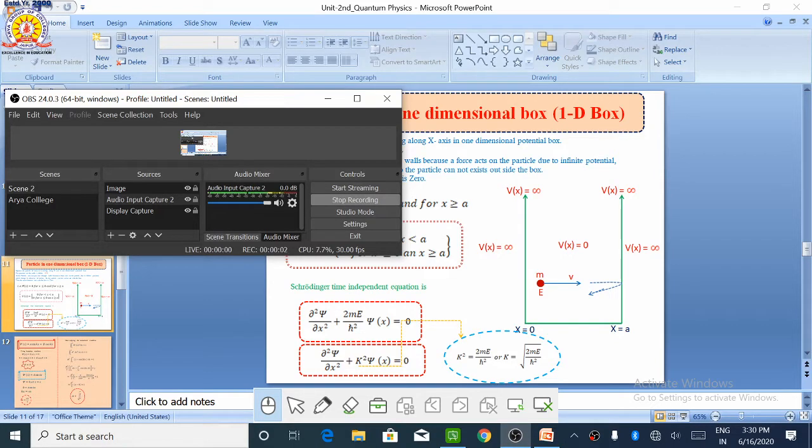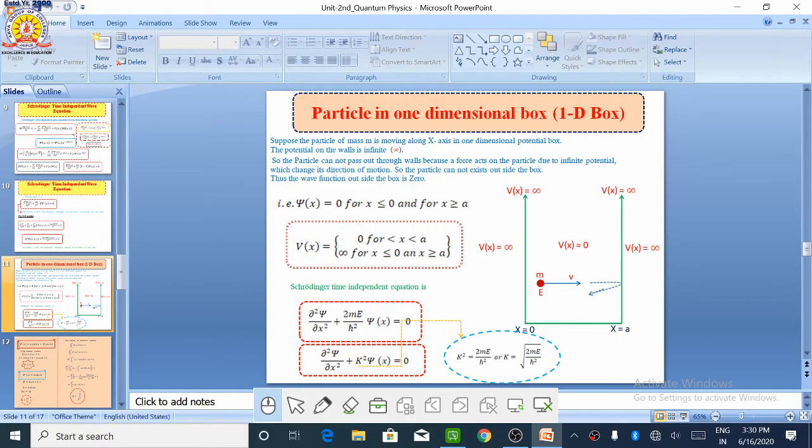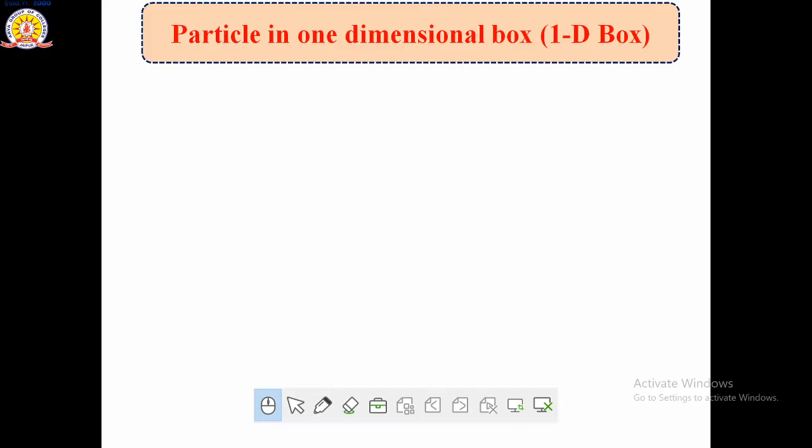Hello my dear students. Today I will explain to you about the particle in a one dimensional box. That is the most important application of the Schrodinger time independent wave equation.